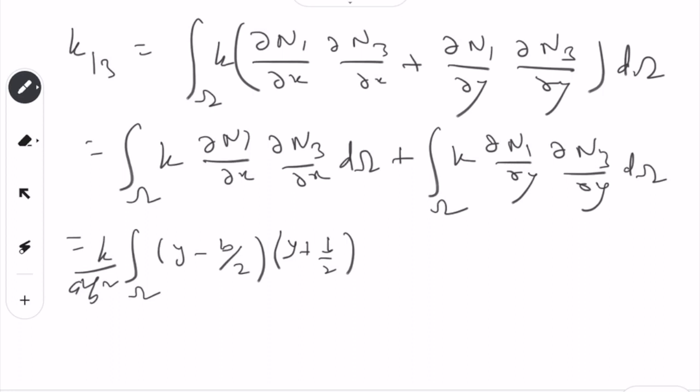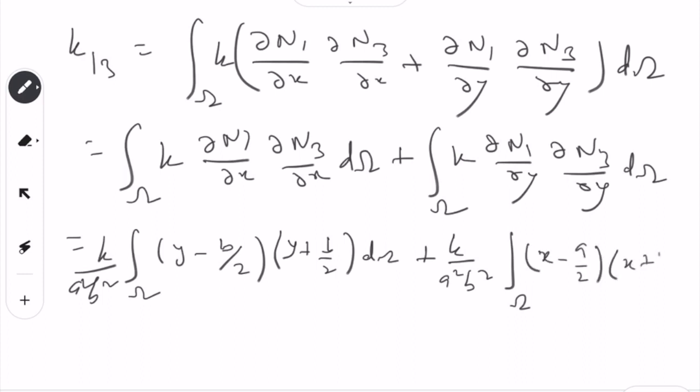So both are opposite, so one will be plus, one will be minus, that's the only difference. So d omega, similarly here, plus K over A square B square integral over omega, and here x minus a over 2, x plus b over 2 d omega.